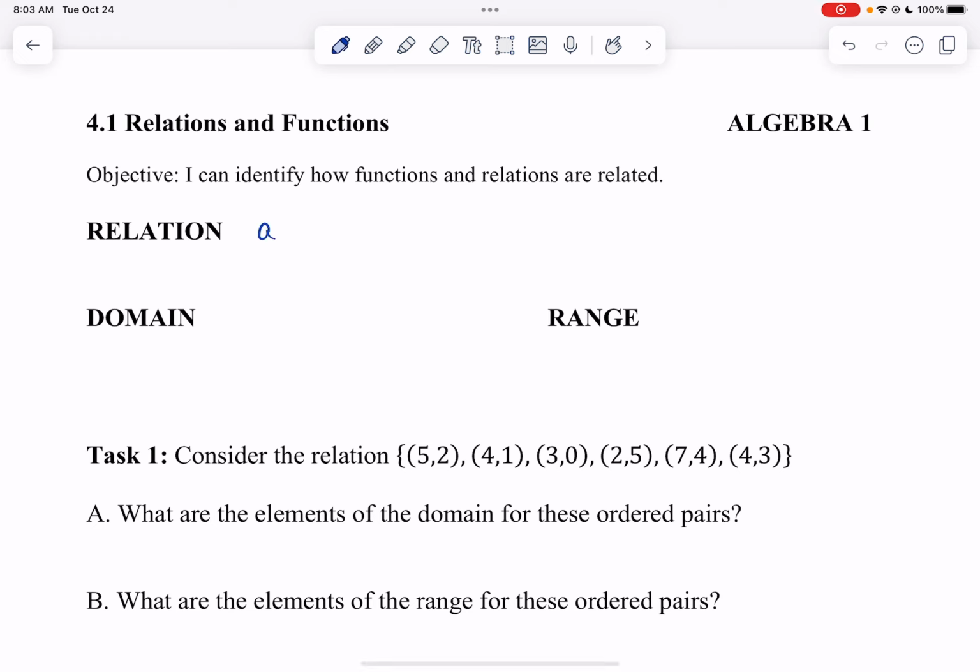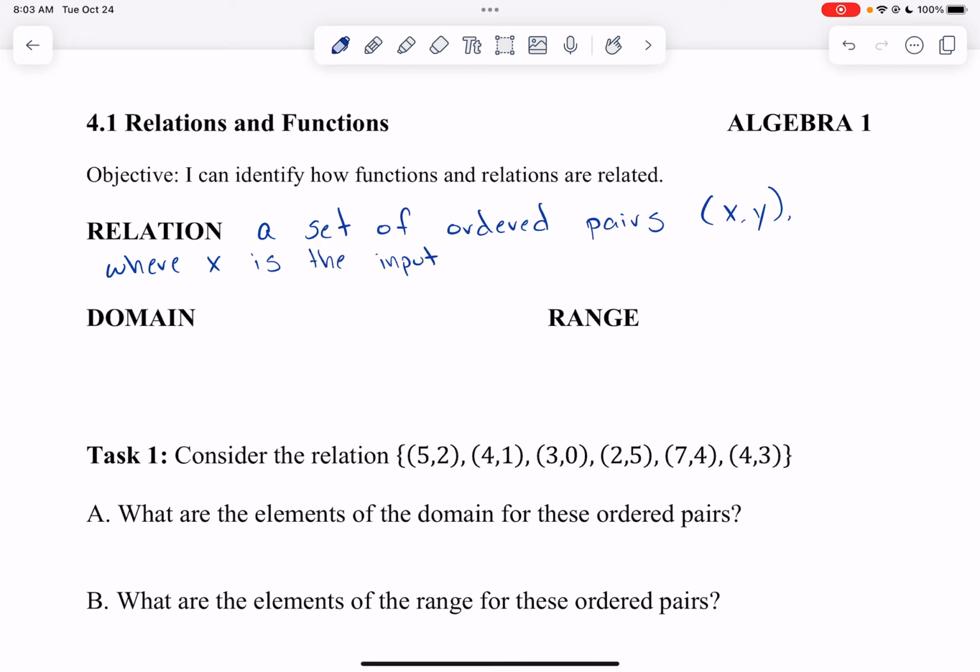A relation is a set of ordered pairs x, y, where x is the input value and y is the output.